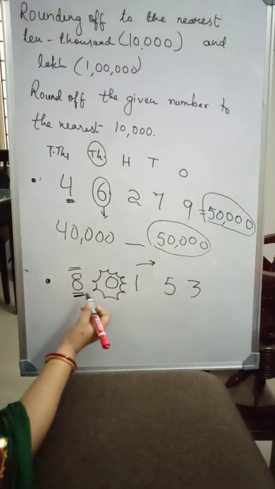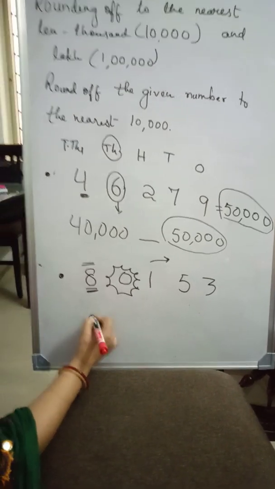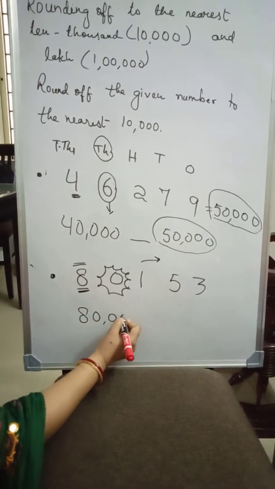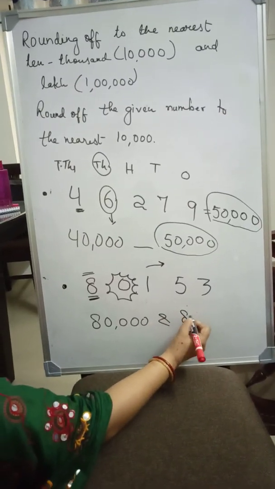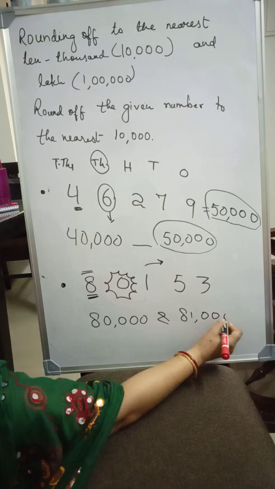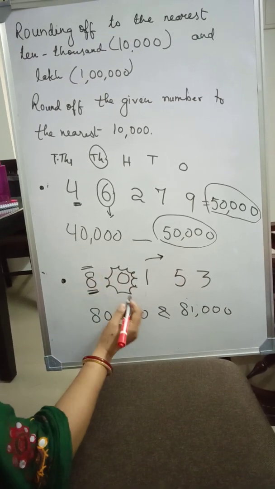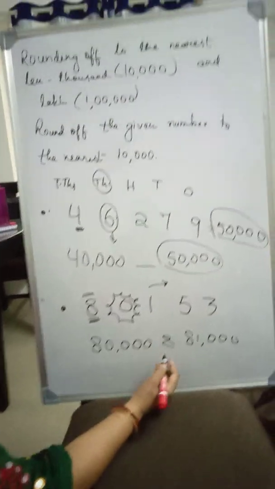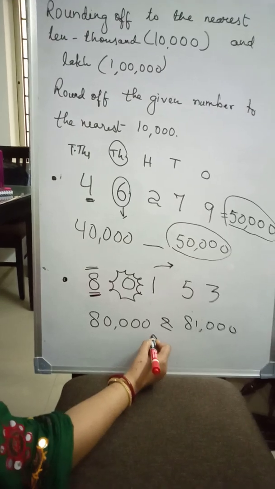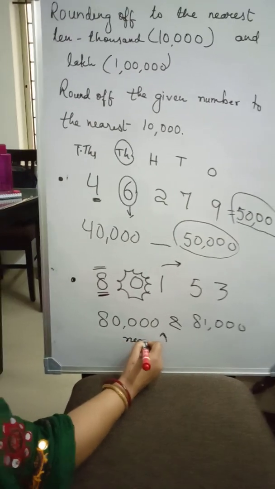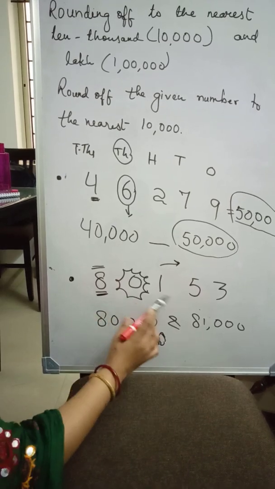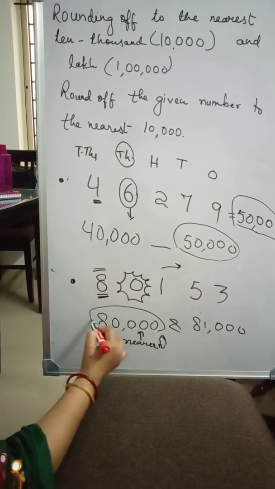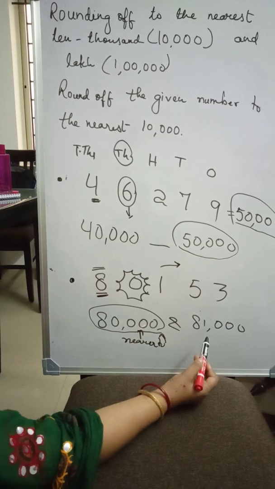Second point, 80,153 is in between 80,000 and 81,000. 80,153 is nearer to 80,000 than to 81,000.